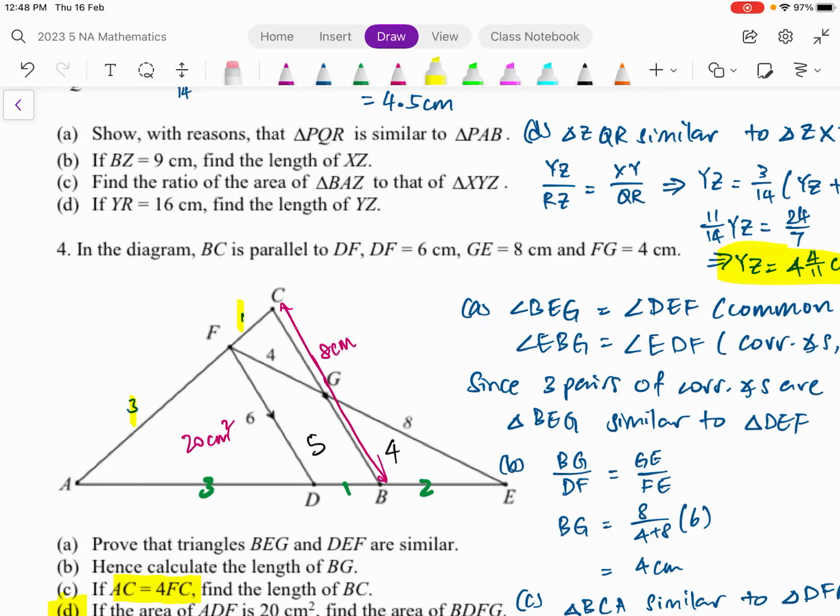So this area over here being 20 square centimeters is shared by one small triangle and one larger similar triangle. We knew the ratio of the sides. This big triangle is 3 units from BE versus 2 units, DE versus BE, 3 to 2. So the ratio of the area must be the square of the ratio of the sides, 9 to 4.